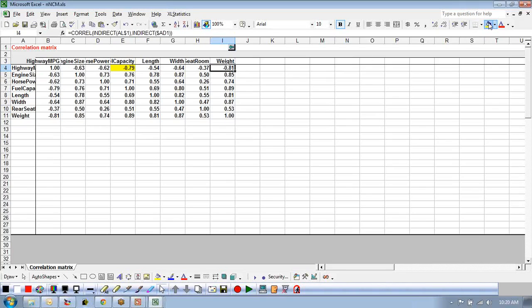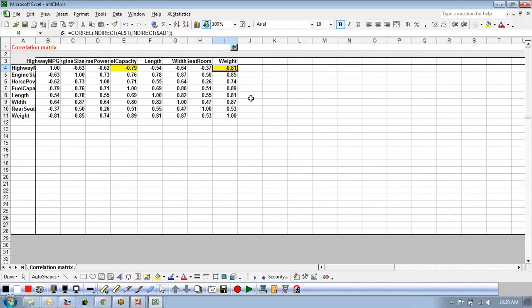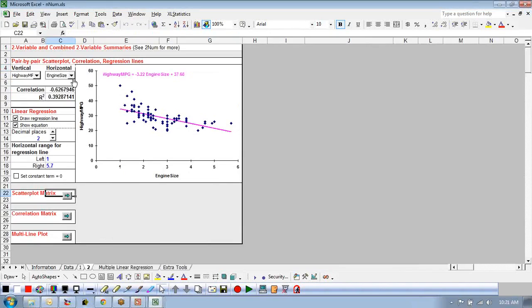There's a pretty big one. And these are not too bad either. There's a lot that are correlated with highway. Horsepower, engine size, you see. But look at that, fuel capacity is very highly correlated, as is weight. So we may expect some pretty significant terms in the model. Close down the correlation matrix.